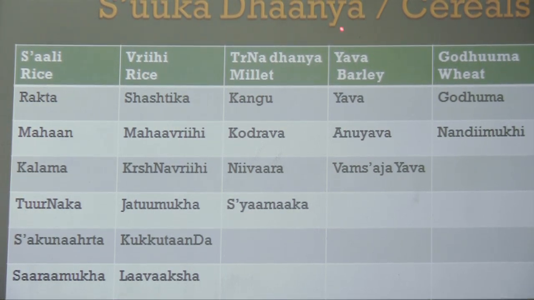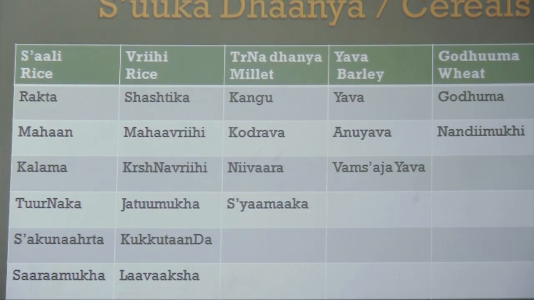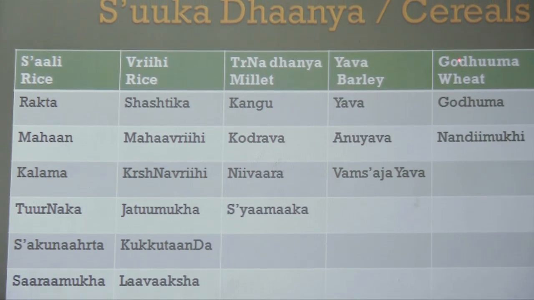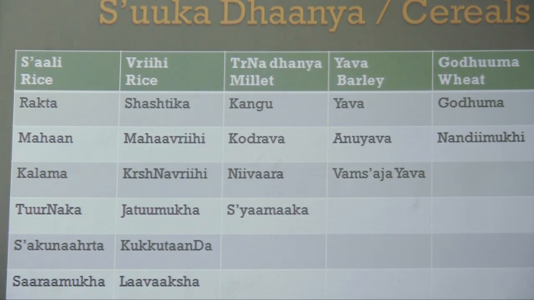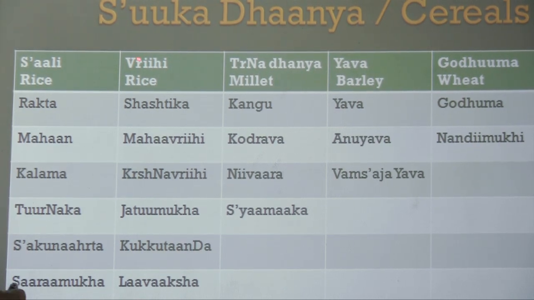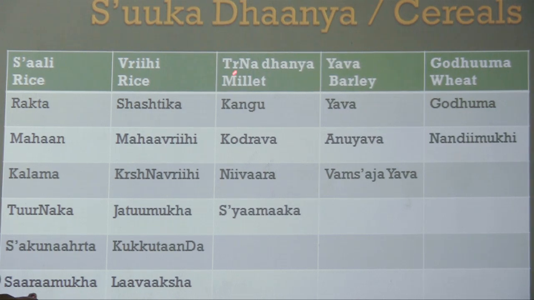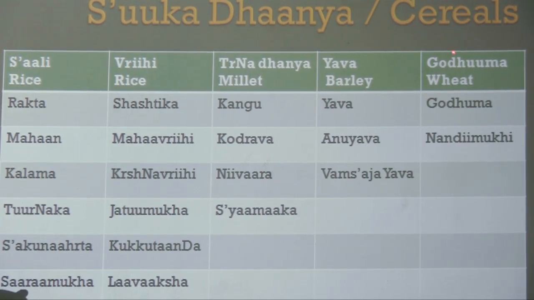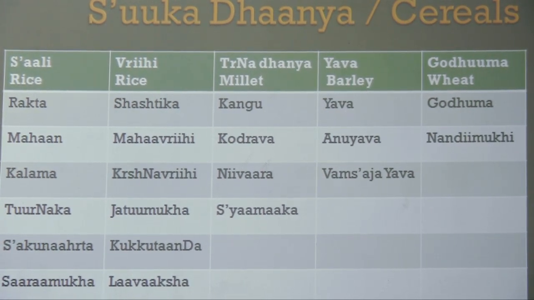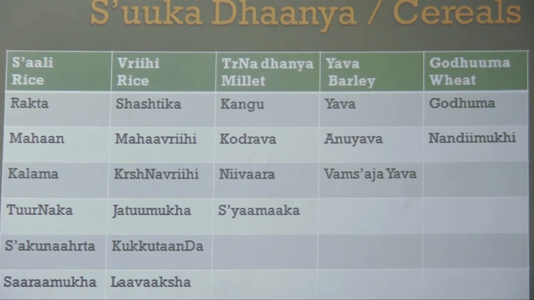And Yava, which I have named as barley. And Godhuma, which is wheat. So Vagbhata, in Ashtanga Hridaya, has subclassified the whole cereals into 5 groups: the group of Shali rices, the group of Vrihi rices, the group of millets, group of barleys, and group of wheats. This is how Vagbhata has subclassified them.